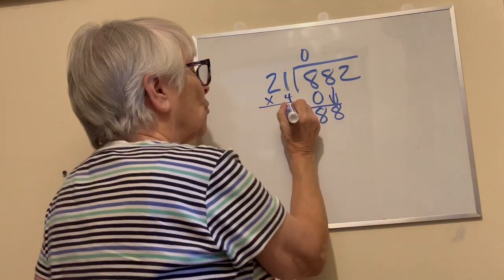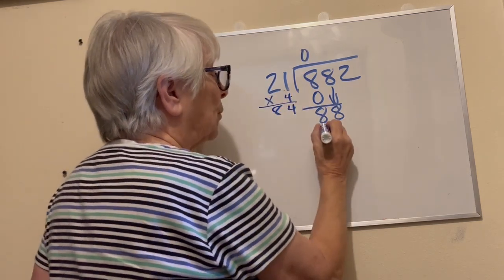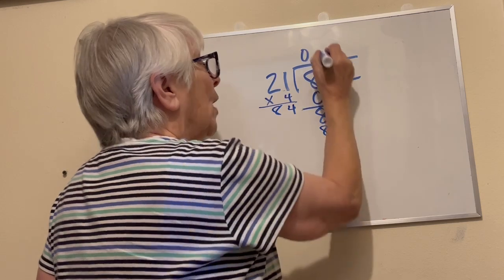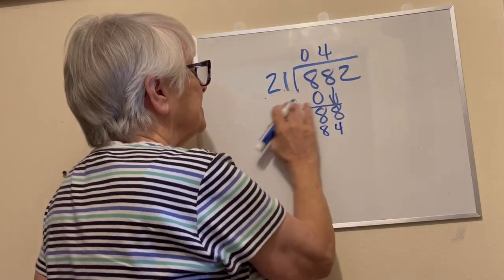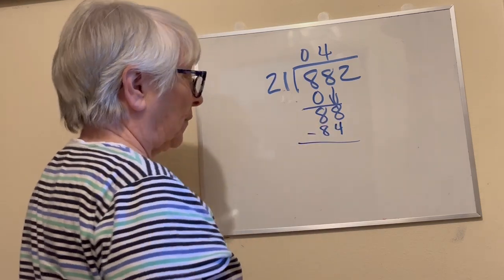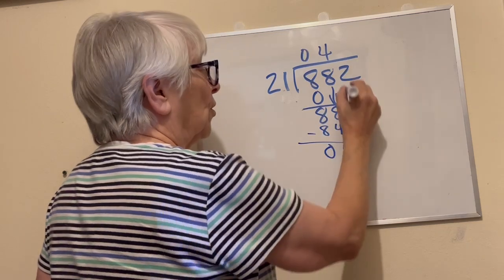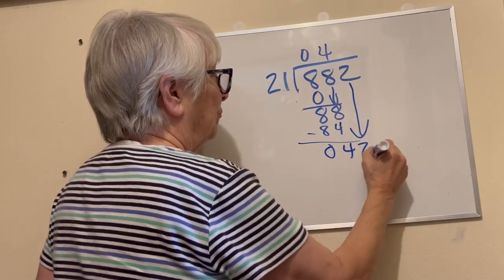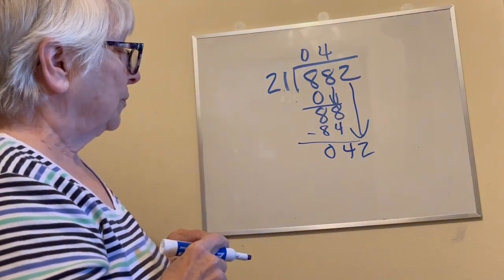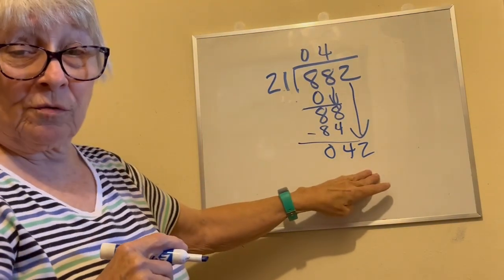4 times 1 is 4. 4 times 2 is 8. Well, that looks like a pretty good number, 84. So I'm going to put up a 4. And subtract. 8 minus 4 is 4. And 8 minus 8 is 0. Bring down the 2. Does 21 go into 42?